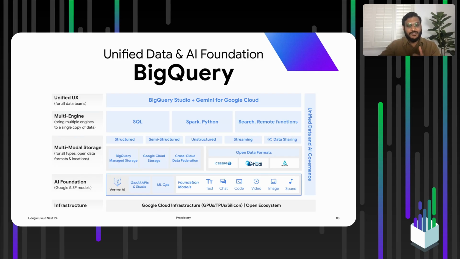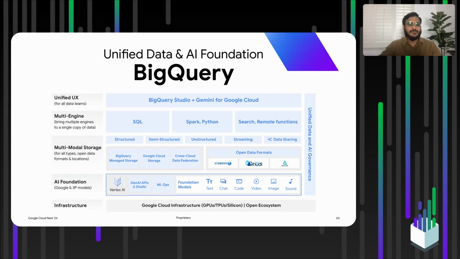BigQuery machine learning, or BQML, is a way for you to create and train models on top of BigQuery using SQL commands. That way, you can take advantage of all the AutoML features that are available in the BQML feature in the platform. BQML is also natively integrated with Vertex AI.